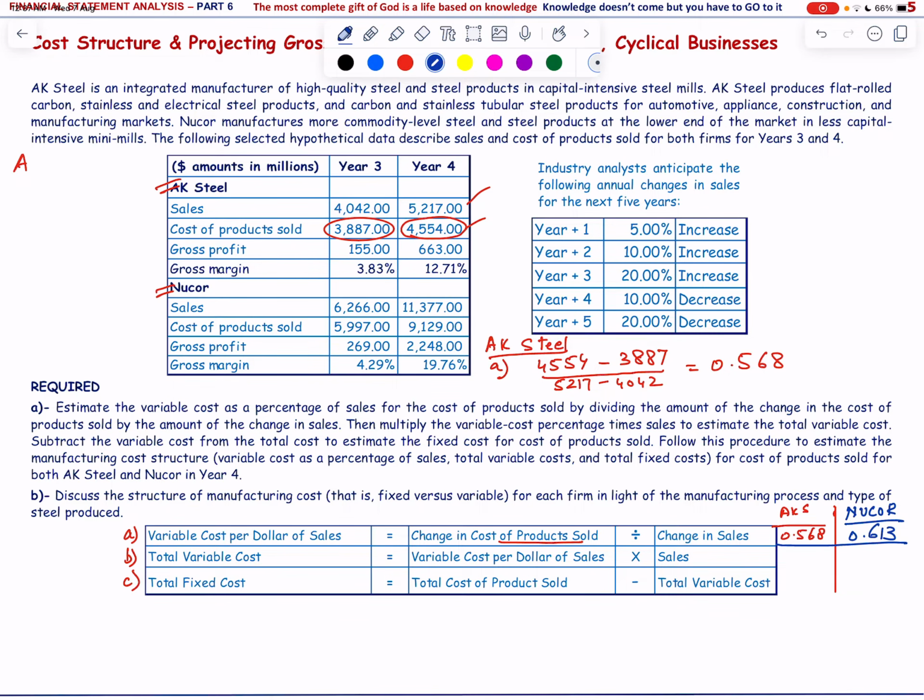That is the variable cost per dollar of sales. And you can see that the variable cost per dollar of sales is less for AK Steel as compared to Nucor.